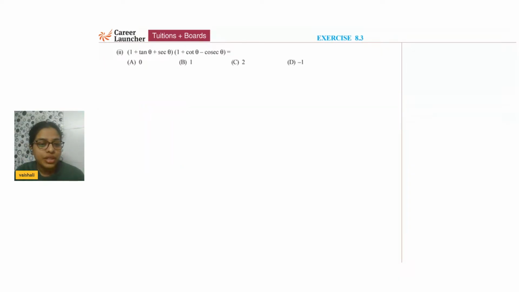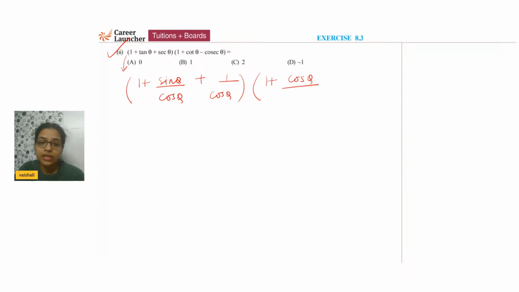Now let's move on to the next one. 1 plus tan theta plus secant theta, multiplied by 1 plus cot minus cosec. So what we can do is break my tan as sine by cos and my secant as 1 by cos, and the other one, which is cot, can be broken down as cos by sine and cosec as 1 by sine.